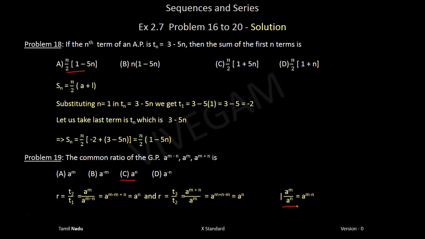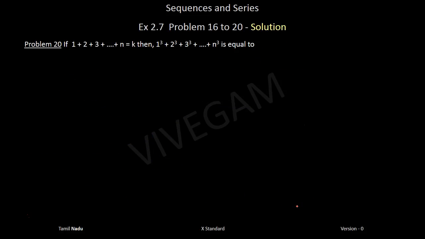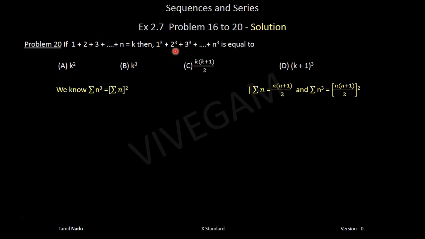Right. 20th sum. If 1 plus 2 plus 3 up to n is k, then 1 cube plus 2 cube plus 3 cube up to n cubed is equal to, they have given us various options. We know 1 plus 2 plus 3 up to n is n into n plus 1 by 2, and the sum of cubes is nothing but sigma n the whole square, right?